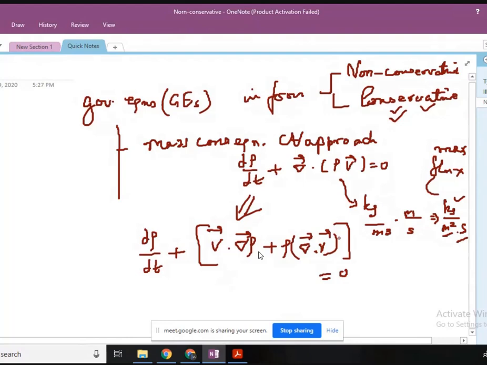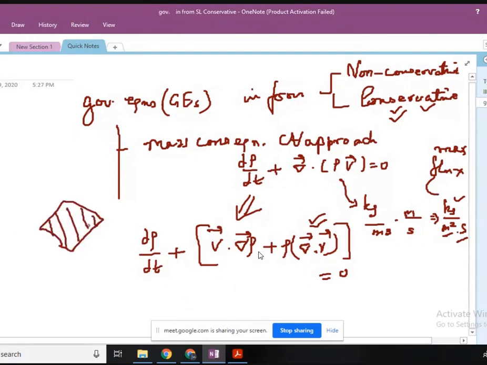Now this says divergence of velocity. So what is divergence of velocity? It doesn't make any sense to me physically to explain it. If it was divergence of mass flux, I know mass flux is crossing unit area, so I have an area and I can visualize something like this.